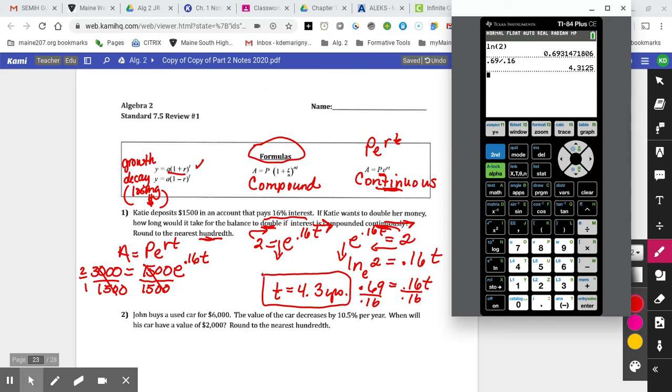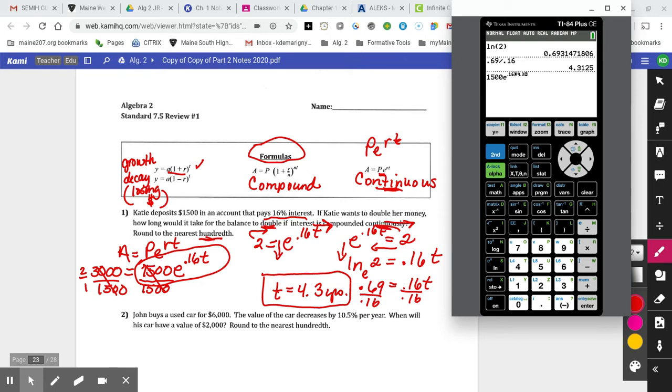So I'm going to go back to my original equation. This one that says I needed 1500 e to the 0.16t, and I'm actually going to type that in, 1500, e raised to the 0.16 times 4.3.